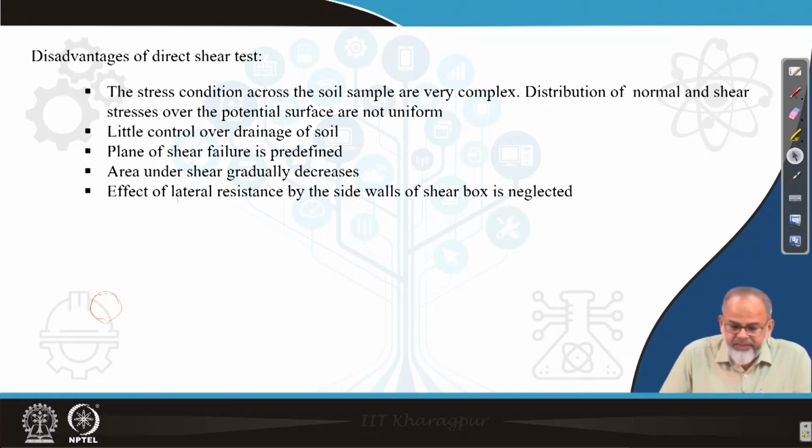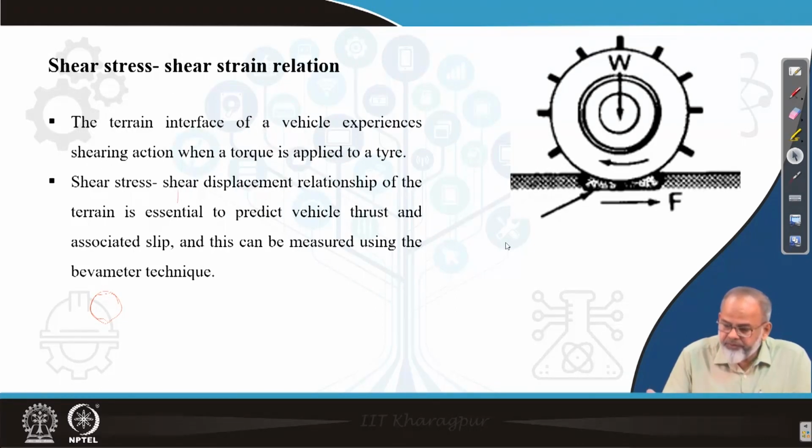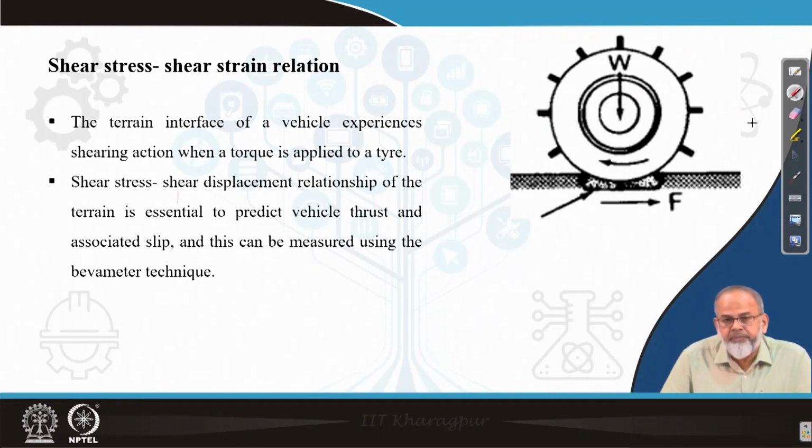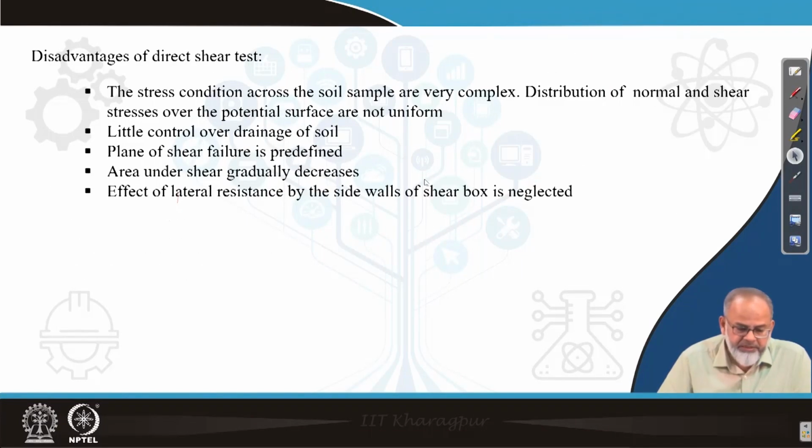So, the shear stress, shear displacement data will be utilized for finding out the maximum stress which is occurring, or which is causing the failure of the soil. So, this test setup which we discussed has many disadvantages.